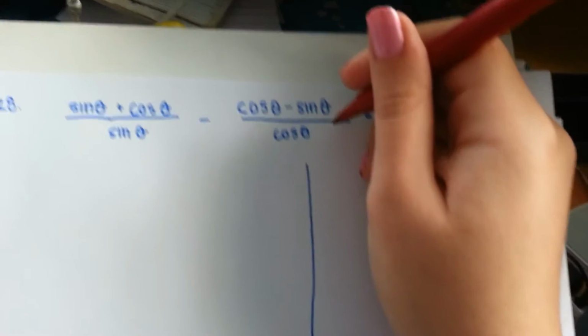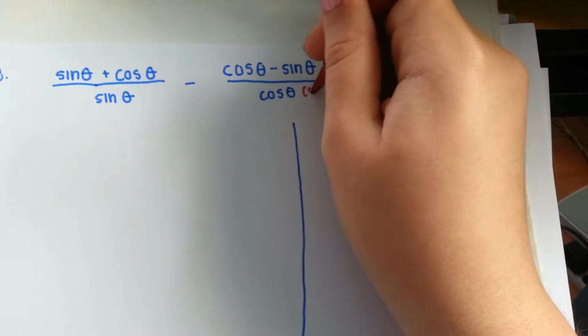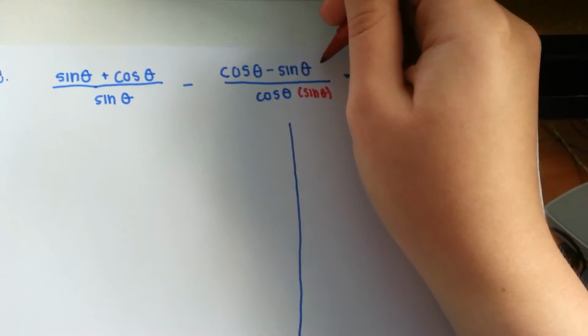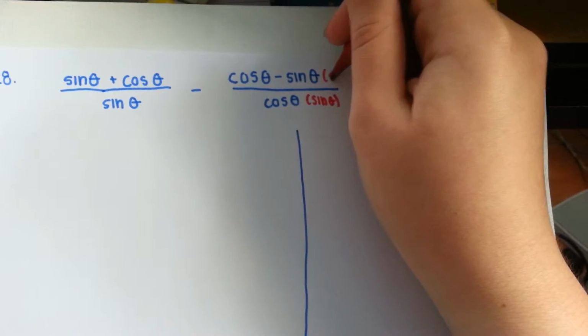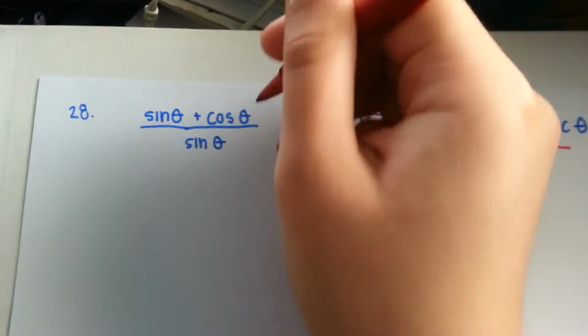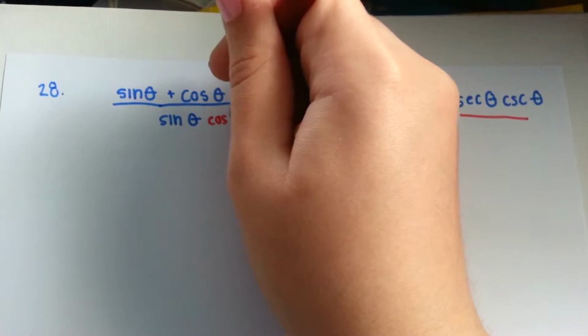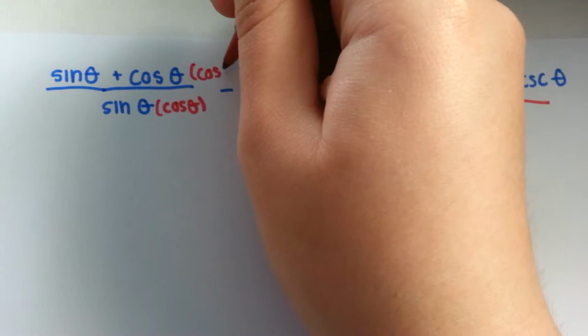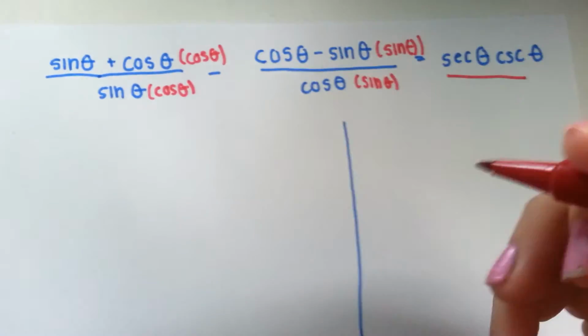So this side we're going to multiply by sine of theta, and what we do to the bottom, we also do to the top. And then this side over here, we're going to use cosine. Also what we do to the bottom, we must do to the top.